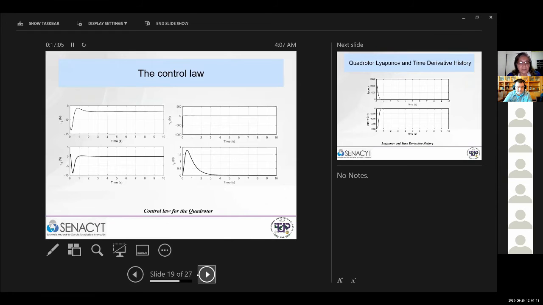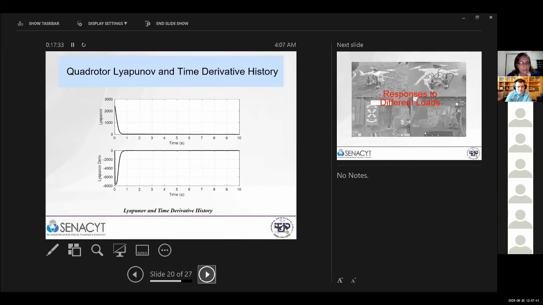For instance, torque 3 performs in direction phi, torque 4 performs in direction phi, torque 5 performs in direction theta, and torque 6 performs in direction psi. As is noticed, the quadrotor requires more time to stabilize in the psi direction. Here are the Lyapunov responses, where the monotonic positive definite performance and the non-positive responses for the derivatives are shown.